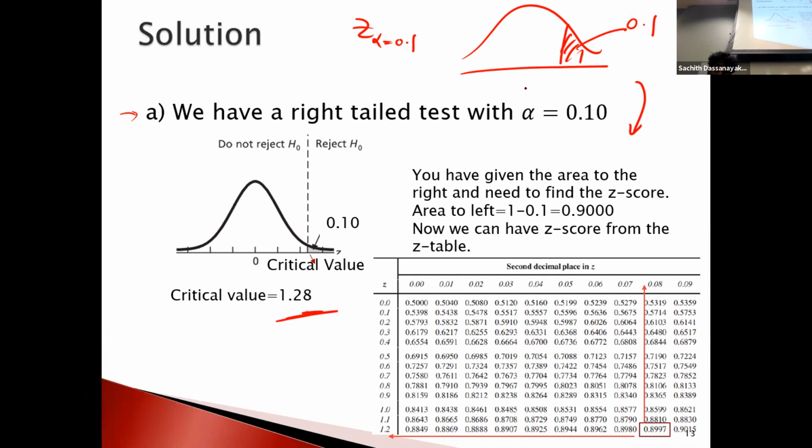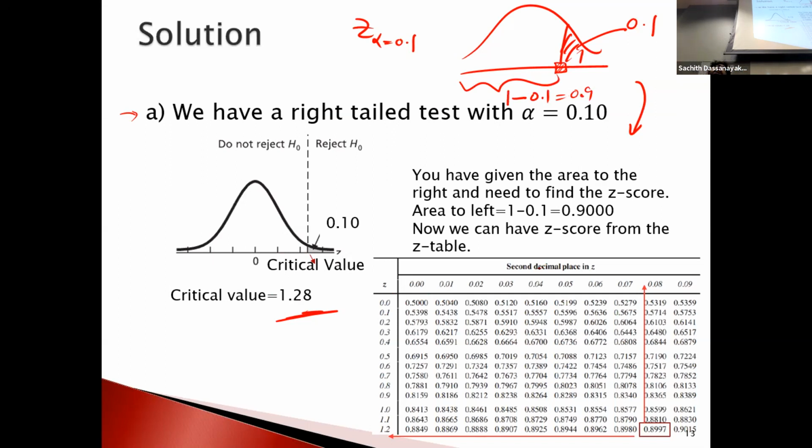To find this, you need to find the value right here. In the Z tables, don't mix Z tables and T tables. In the Z tables, your values always start from the left hand side. Remember, always left hand side. So you have to find this area first, which means 1 minus 0.1. It's going to be 0.9. Go to the Z table, find the area 0.9.